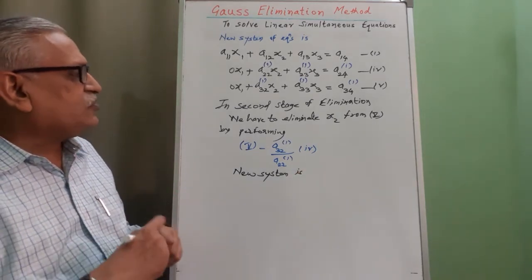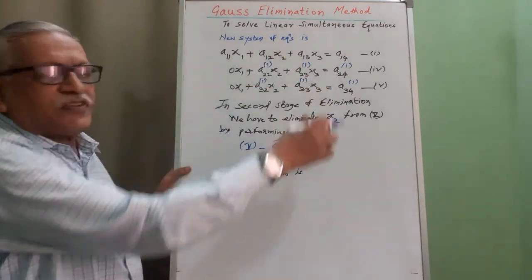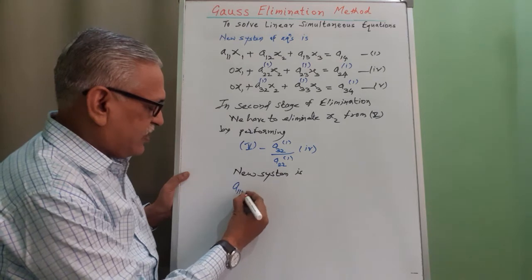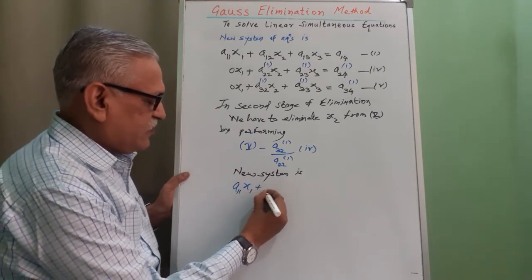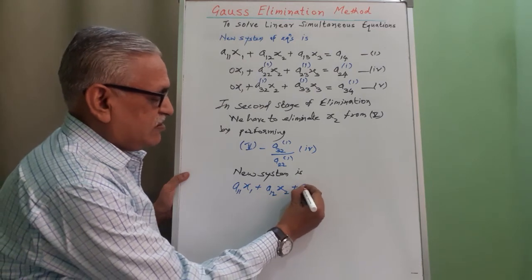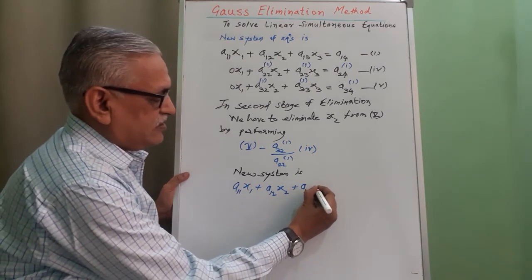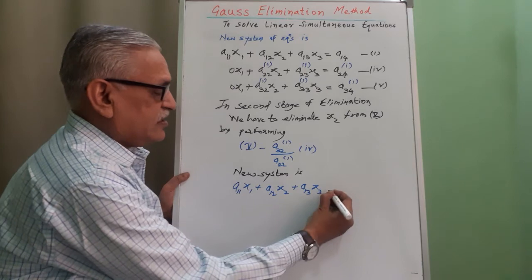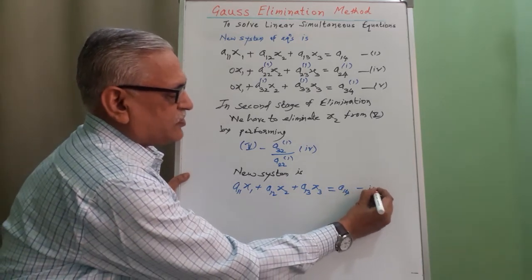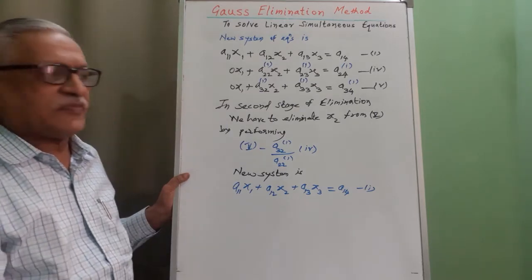And therefore, that new system of equations is first equation no change as it is. We get a11 x1 plus a12 x2 plus a13 x3 is equal to a14. First equation as it is, no change.